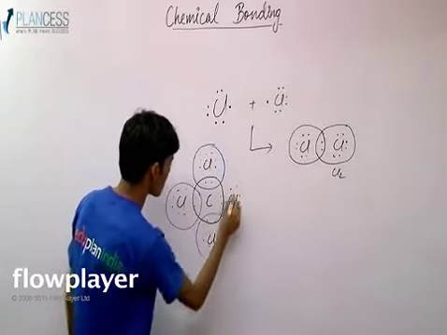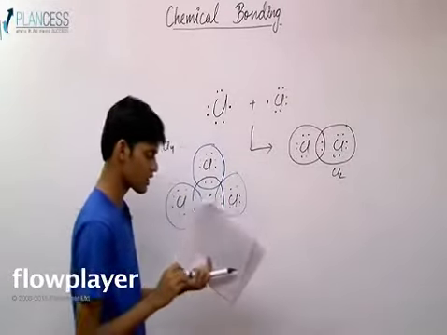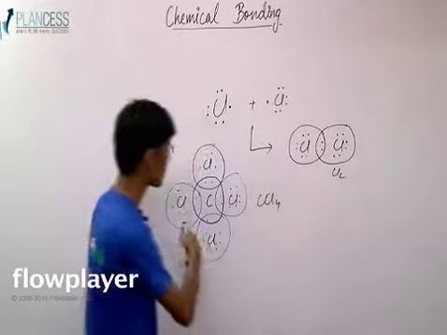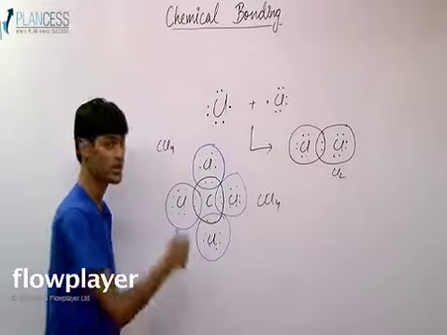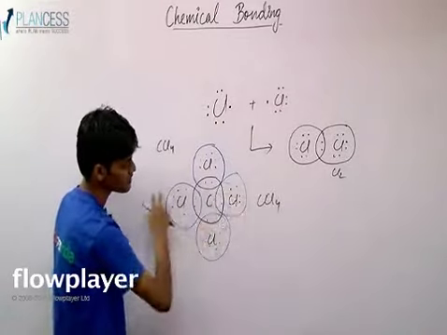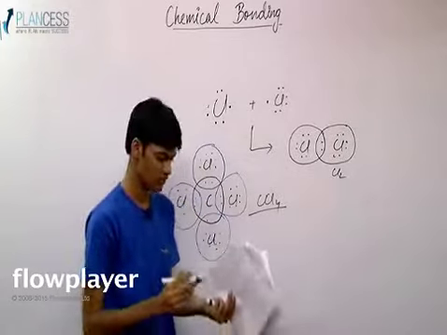In this way, this is the CCl4 compound, and this is the Lewis dot structure for CCl4, and you can see that the octet of each atom is completed, and therefore this is the Lewis dot structure for CCl4.